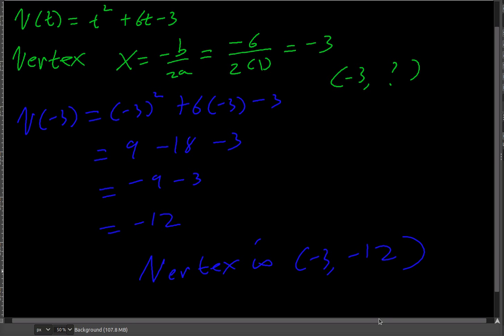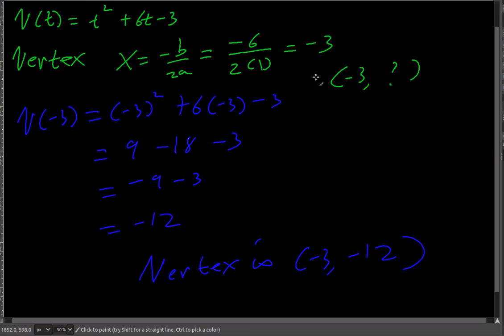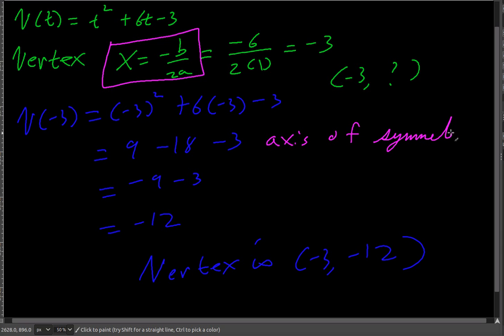Now, what about the axis of symmetry? We talked about that before. This is also the axis of symmetry. The axis of symmetry is x equals negative b over 2a.